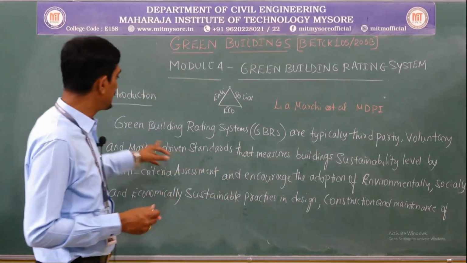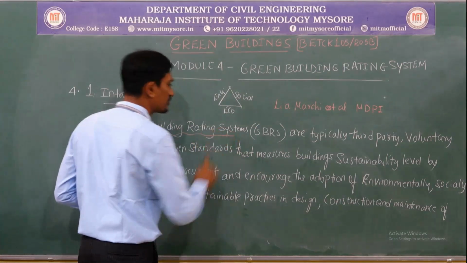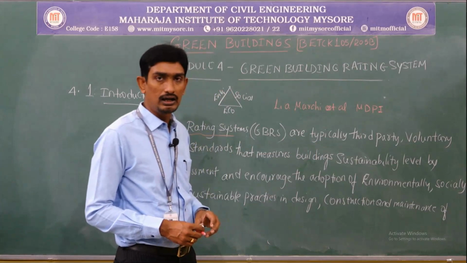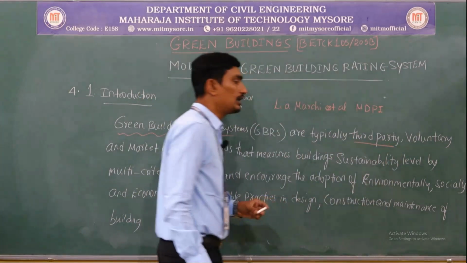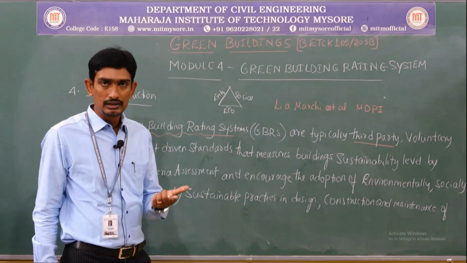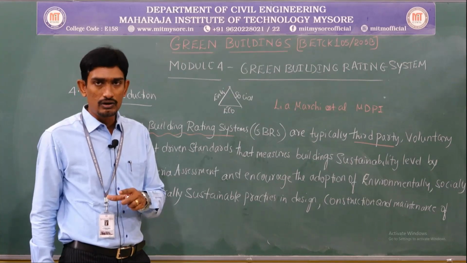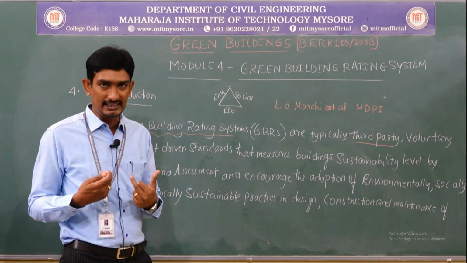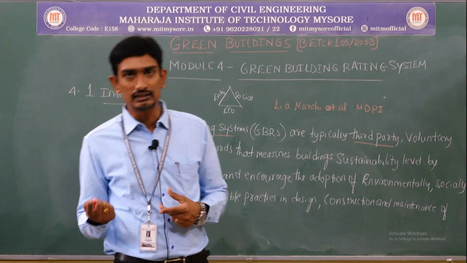So you can see here the green building rating systems are typically third party. That means, apart from the client and the contractor, there will be a third party. For example, one who constructs the building is called the contractor.